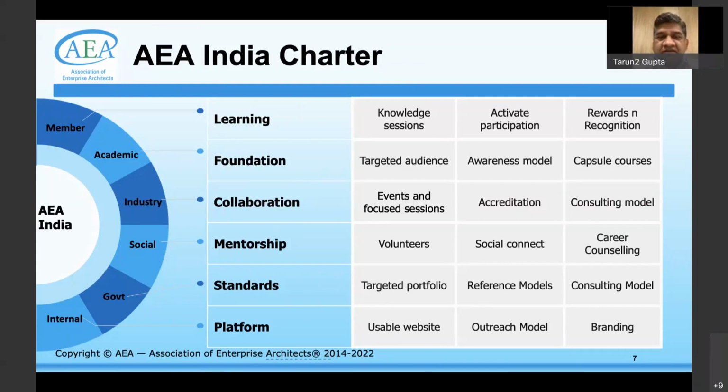And we also believe that for the cause of the standards, what we have seen till now, this community will help us grow the community for architecture.